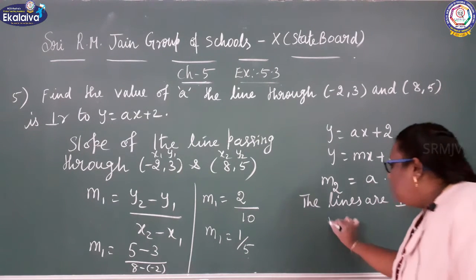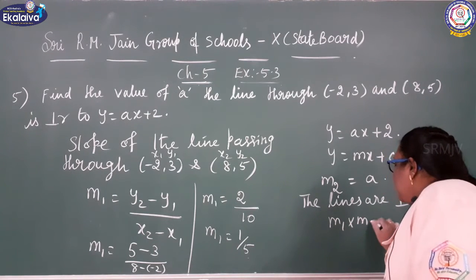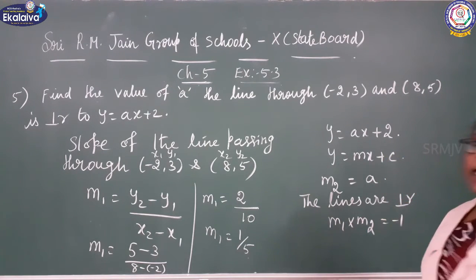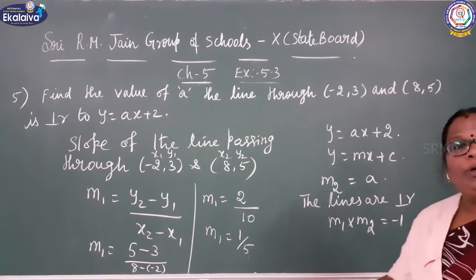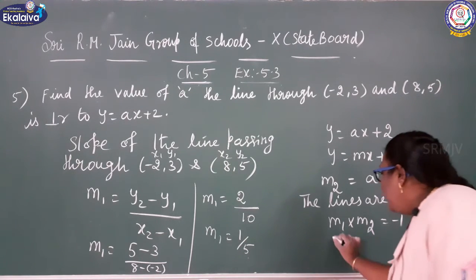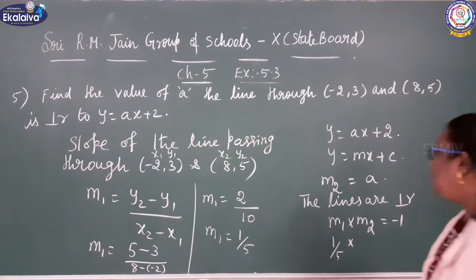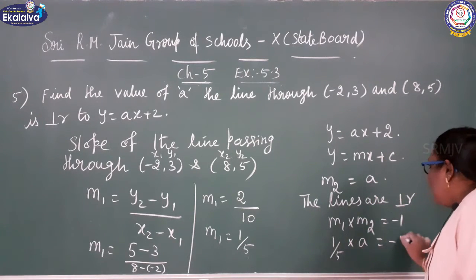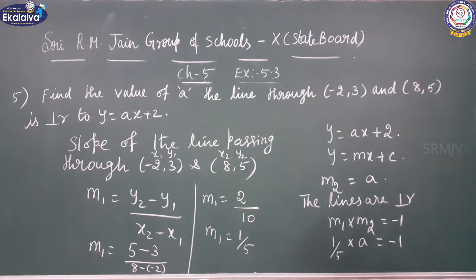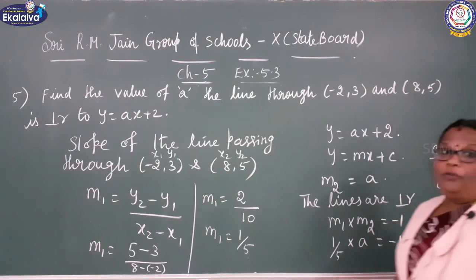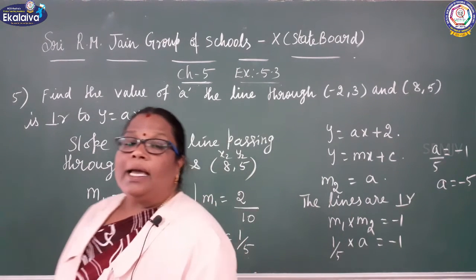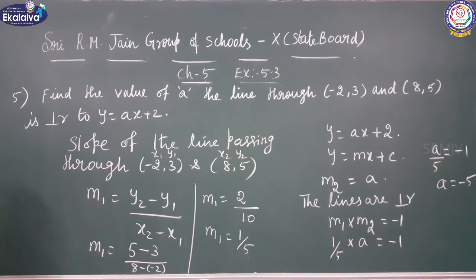It means m1 into m2 equal to minus 1. m1 is 1 by 5, into m2 is a, equal to minus 1. So what is the value of a? a by 5 equal to minus 1, so a equal to minus 5. That is the value of a if the lines are perpendicular.